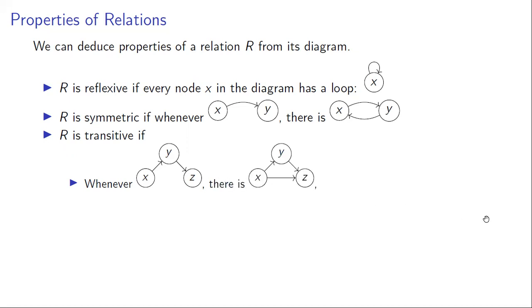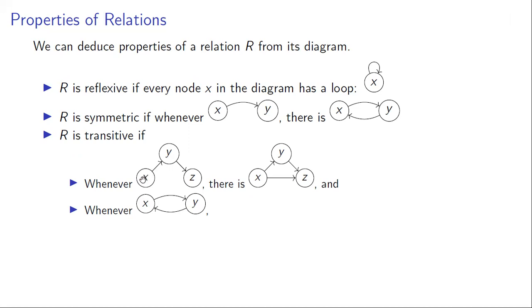Now, it gets a little trickier. What about if you have something like this? What about if you can go from X to Y and Y back to X? Well, X is X, Y is Y, but then X might be Z again. You can go from here to here and from here to here, but you have to be able to go directly from X to itself.